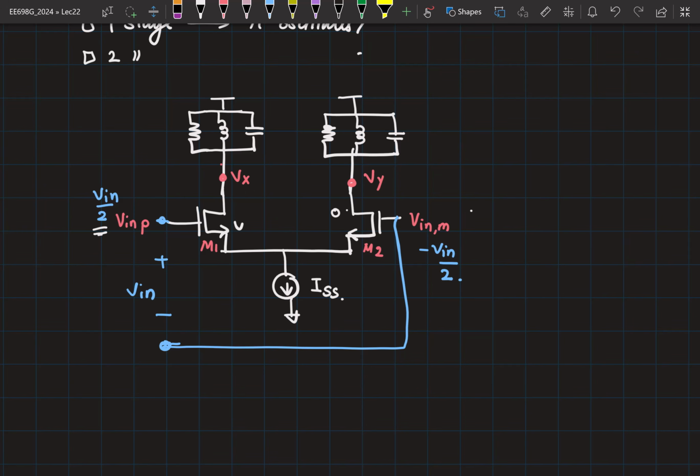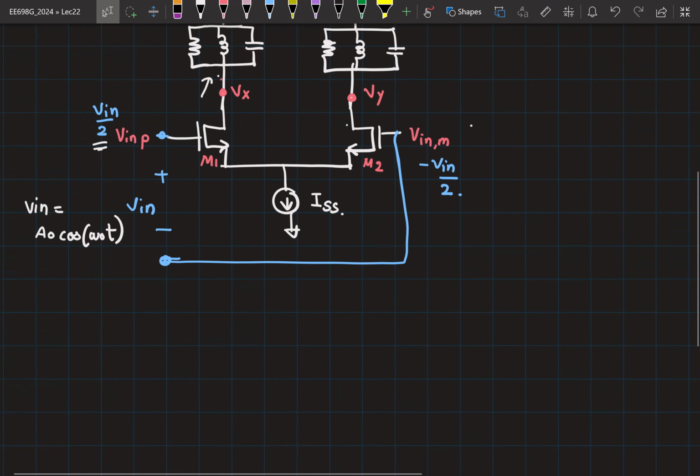Okay. Now let's assume, because we know that you can expect to see outputs only at omega naught, because the tank is going to offer the maximum resistance at omega naught, that I have fed in a V in which is equal to some A naught into cos of omega naught t. I'm simply going to sketch the currents Ix and Iy. Again, assuming that the GM of the transistors is large enough, how will Ix look like?